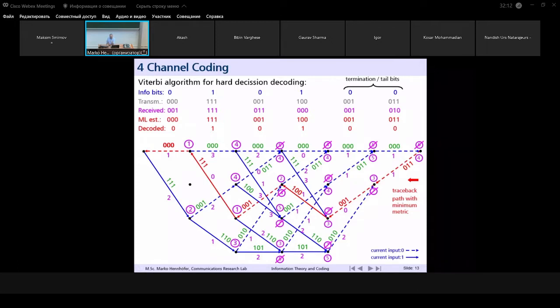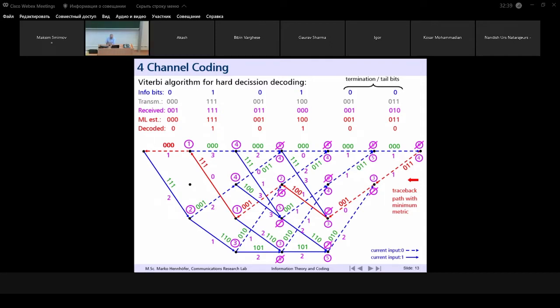So we send +1 and -1 with Gaussian noise. So we receive arbitrary values here. So do you have an idea how we would have to modify our metric in this case if we receive here real valued quantities in case we use an AWGN channel?